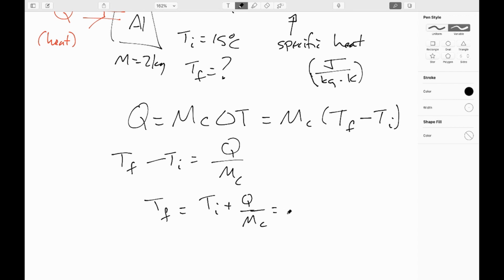All right. Now, I know that because this was a difference here, we can leave this in Celsius, so that's what I'm going to do. I'm going to say 15 degrees Celsius. The heat transfer we said was 1,000 joules over 2 kilograms.